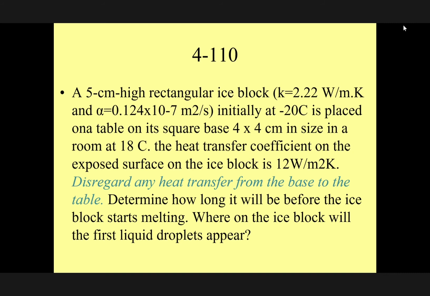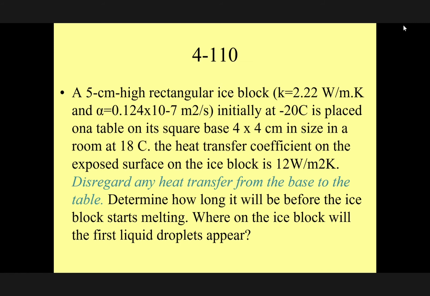Therefore, it's giving you a lot of information. You're dealing with ice as a solid material. All the physical properties have been given to us. Conductivity, thermal diffusivity is given. The initial temperature of the ice is minus 20. You place this ice in a room. The temperature is 18 degrees. And there's a convective heat transfer between the ice and air.